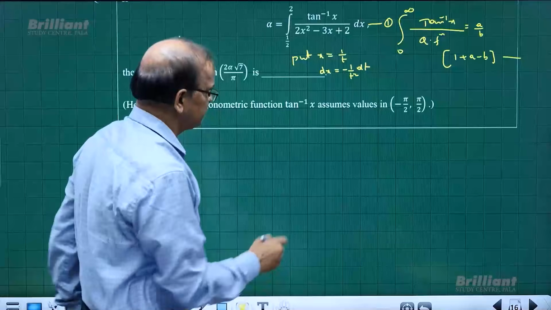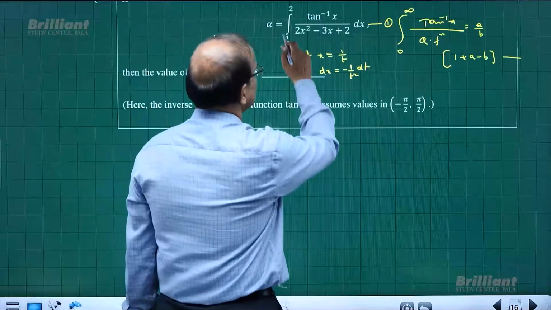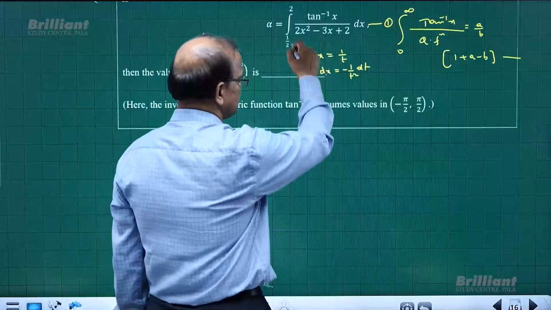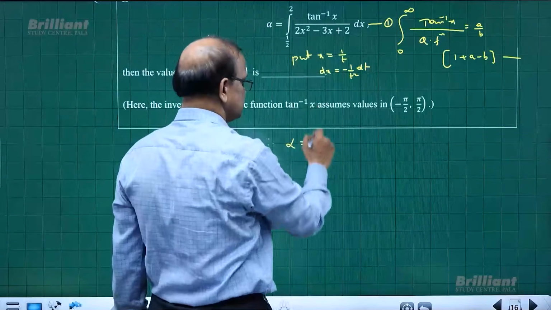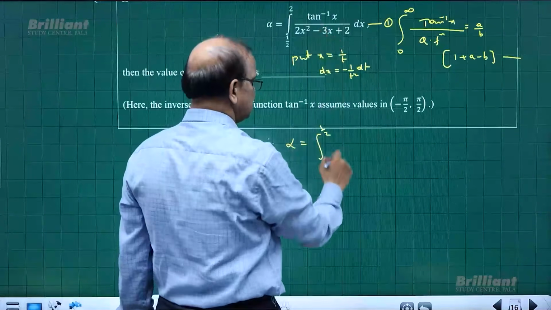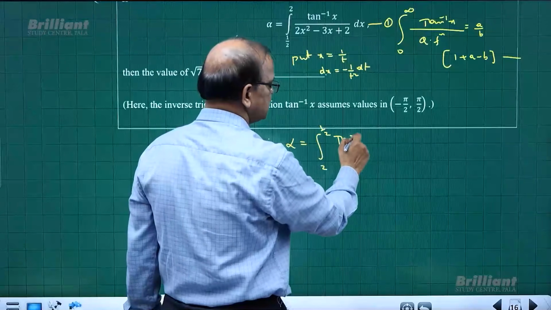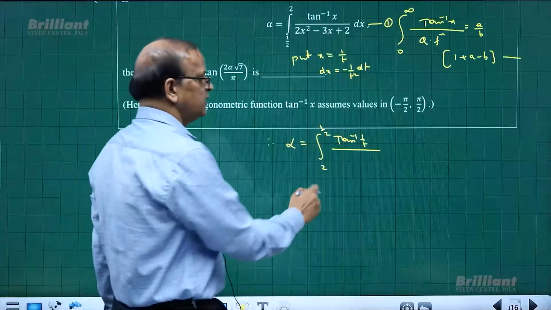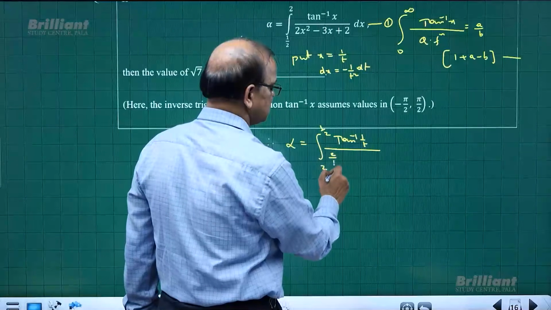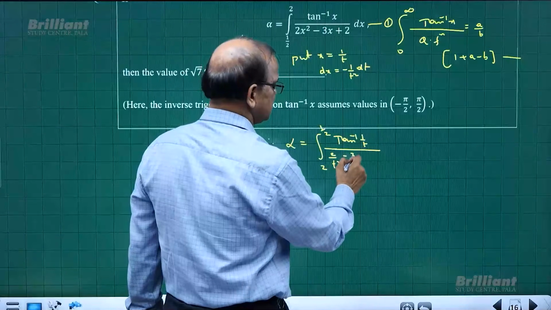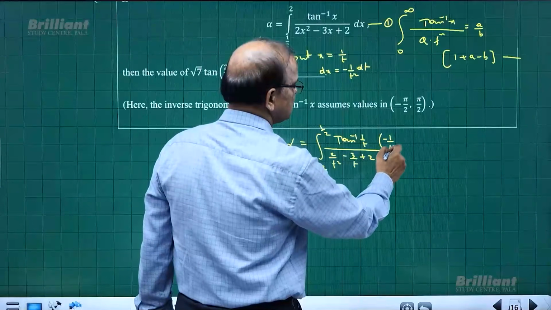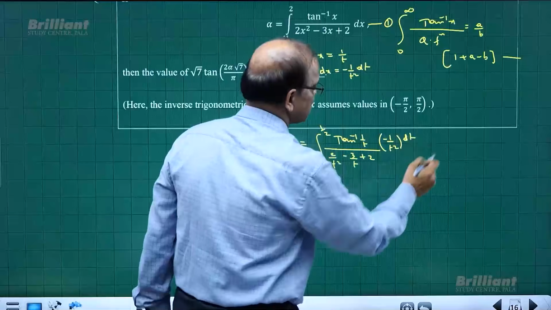Therefore alpha becomes, the limits 1 by 2 become 2 and 2 becomes 1 by 2, tan inverse of 1 by t, divided by 2 by t square minus 3 by t plus 2, times minus 1 by t square dt.